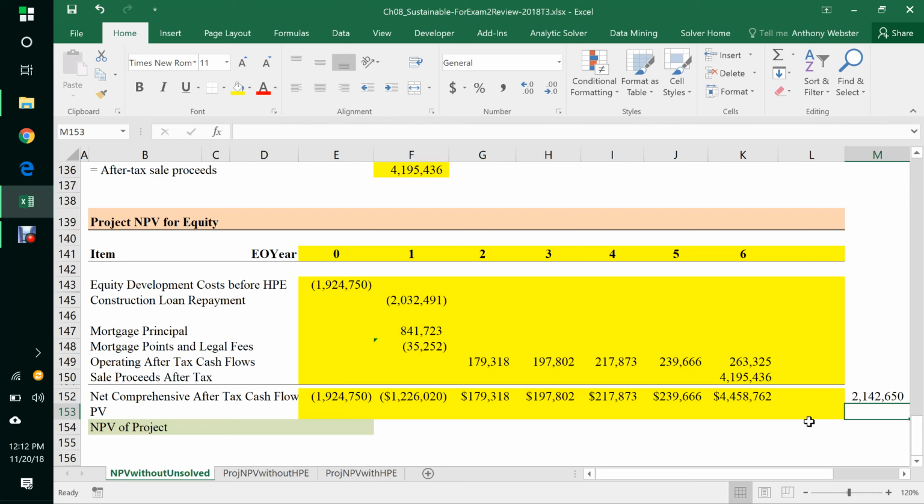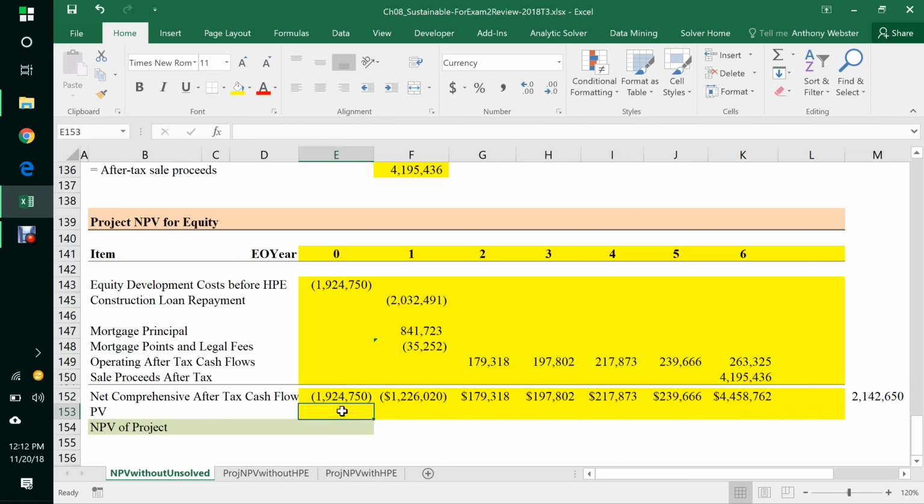Not considering time value, because you should always be getting more money out of a project than you're putting in. If that's not true, either you've made a mistake or it's a loser of a project. And if it's a loser of a project, look in the numbers, find out why, bring that to your managing director. You'll be a hero. You've saved the firm a lot of money and enjoy a great bonus that year, right? That's looking good to me. So I think there's hope.